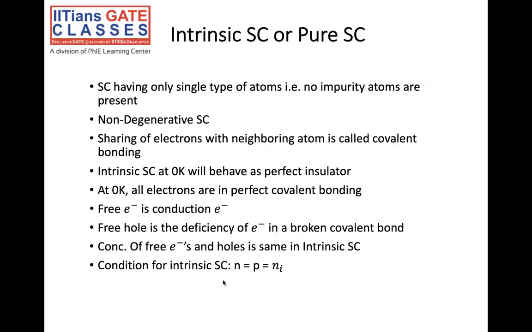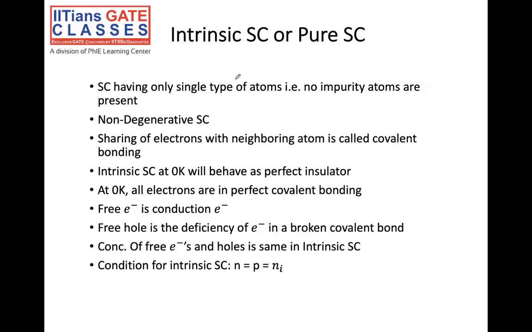At 0 Kelvin, all electrons are in perfect covalent bonding. In a semiconductor, a free electron is a conduction electron. And the definition of a hole is also given here. It is the deficiency of an electron in a broken covalent bond.